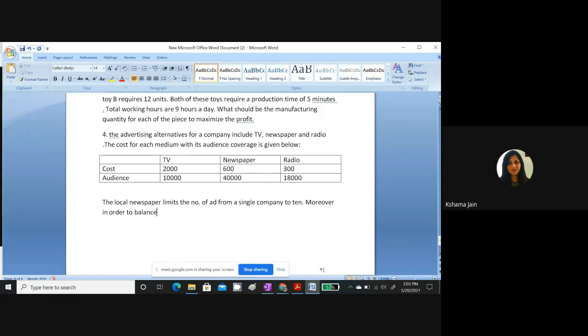Moreover, in order to balance the advertisement among 3 types of media, no more than half of the total number of advertisements should occur on radio, and at least 10% should occur on TV.